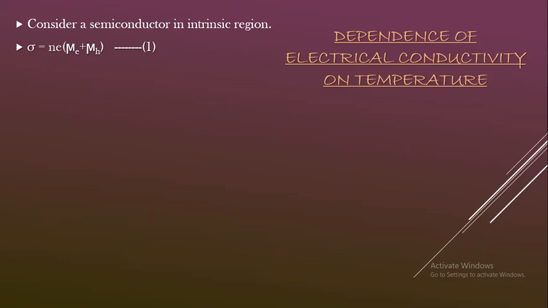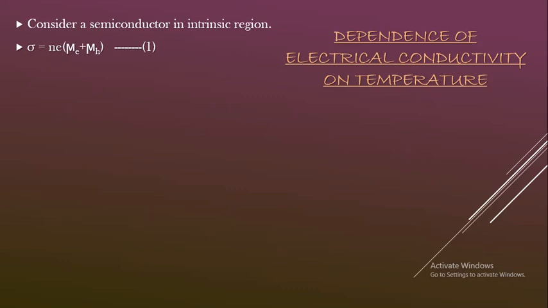We have derived the conductivity formula in the intrinsic region: sigma equals N e into (mu_e plus mu_h), where N is the intrinsic carrier concentration, e is the charge of the electron, mu_e is the mobility of electrons, and mu_h is the mobility of holes. Let us consider this as equation number 1.